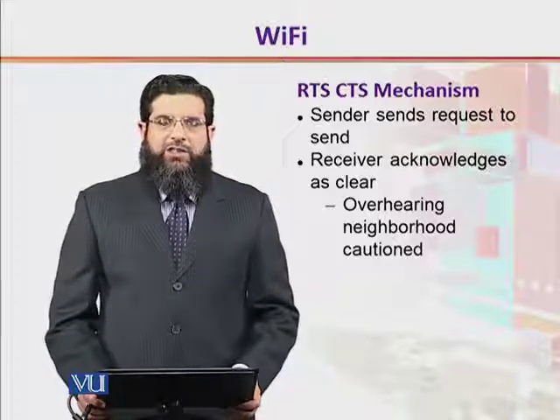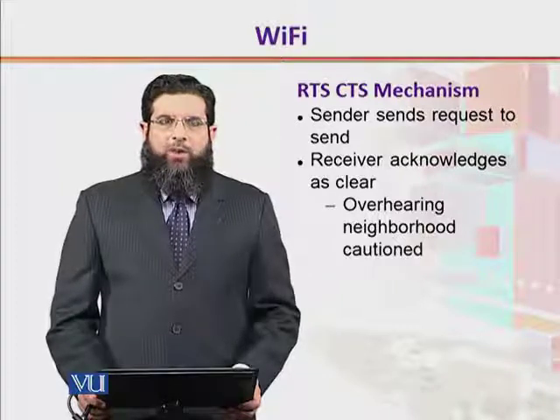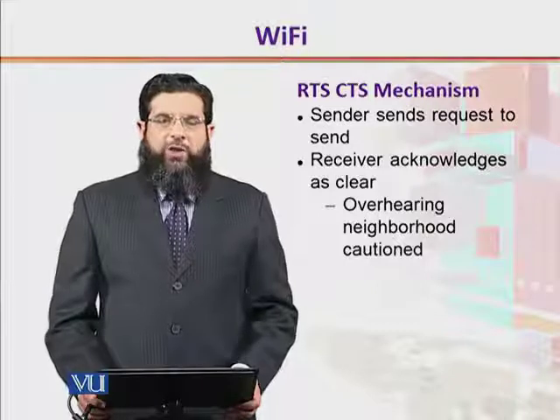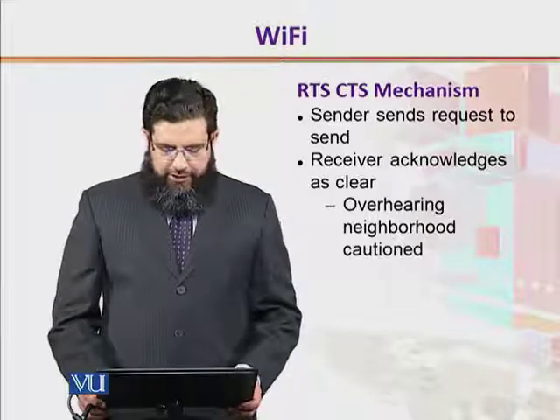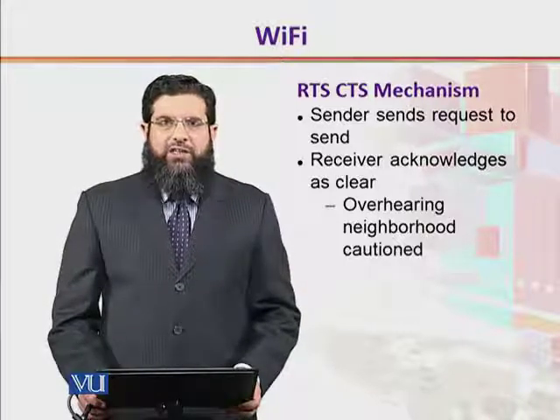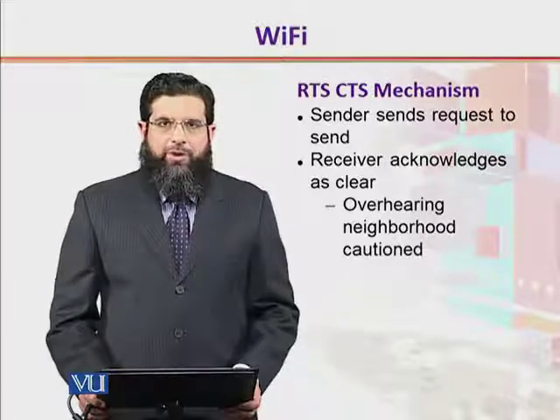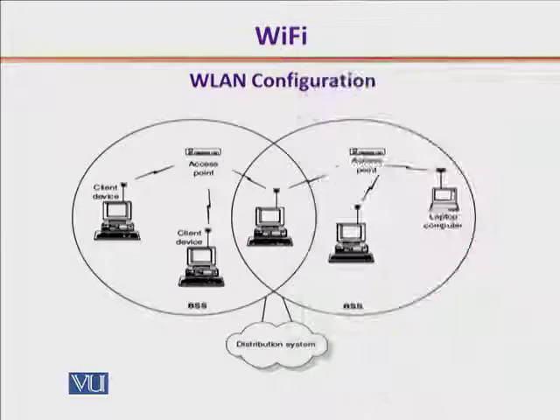The RTS and CTS mechanism includes who is going to transmit, that is, who is going to be the sender, and what is going to be the transmission duration. Using this RTS-CTS mechanism, Wi-Fi, in a very fine way, gets rid of the hidden terminal and consequent exposed terminal problem. Now let's look at the typical deployment and configuration of wireless LANs.